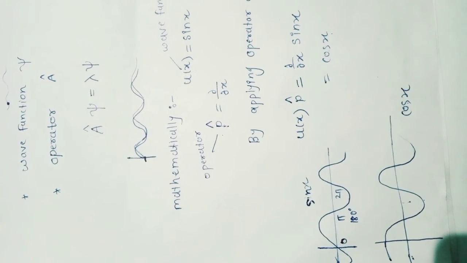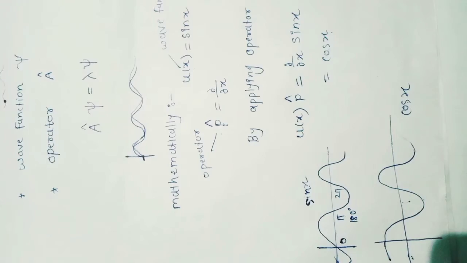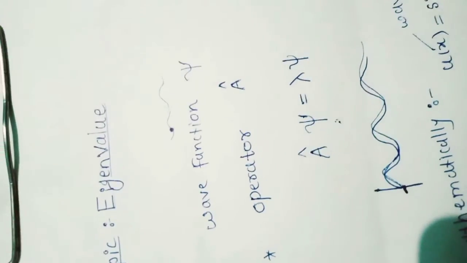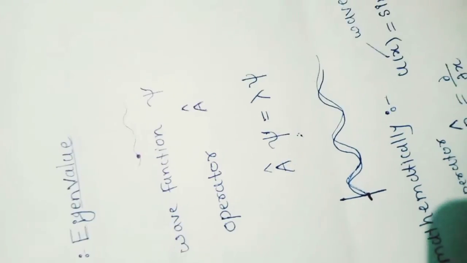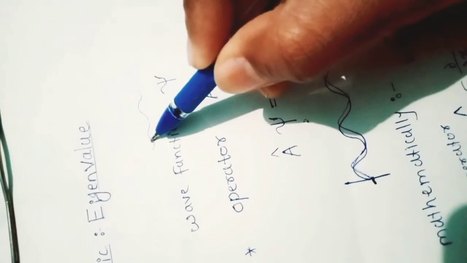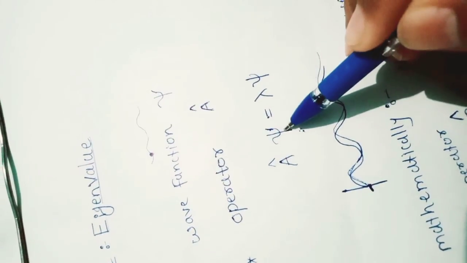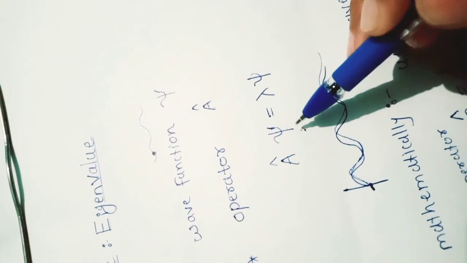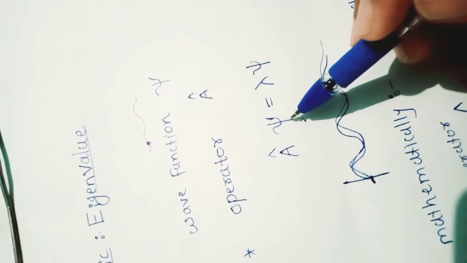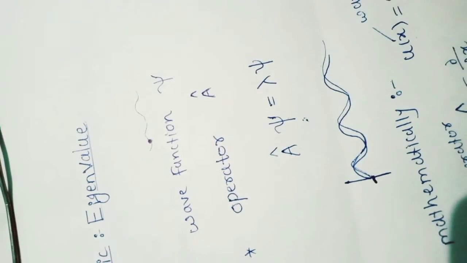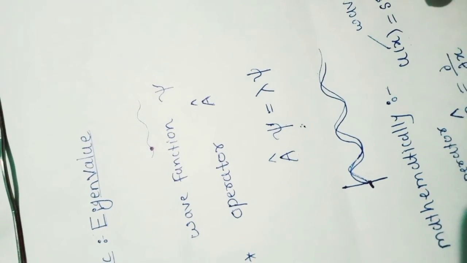Okay, let's turn to our main topic, eigenvalue and eigenfunction. So to find out position, momentum, energy of the particle, firstly we apply wave function on it, and on the wave function we apply operator.